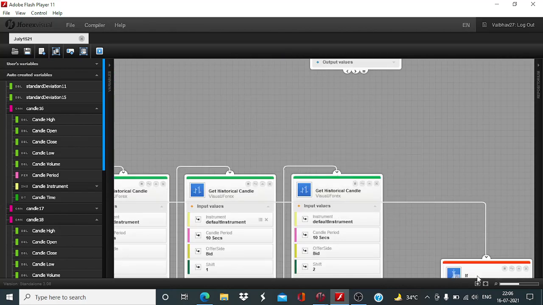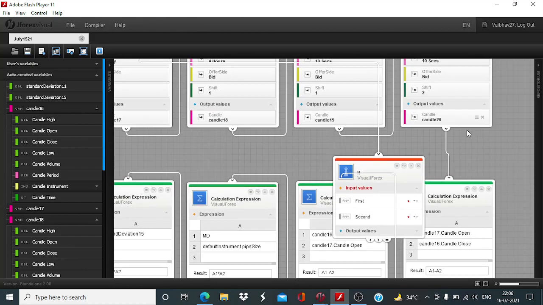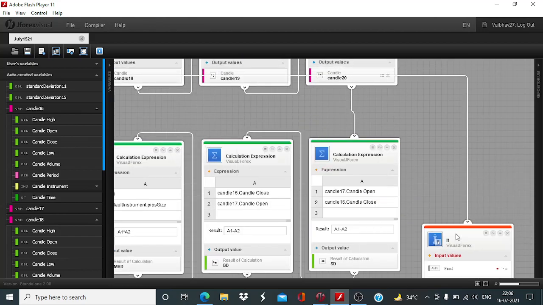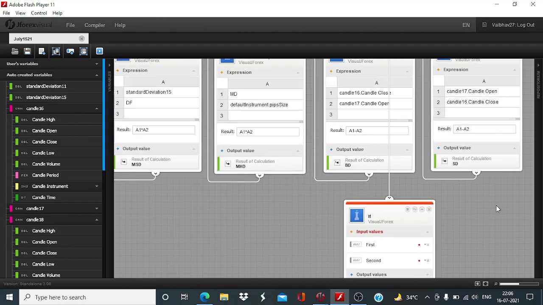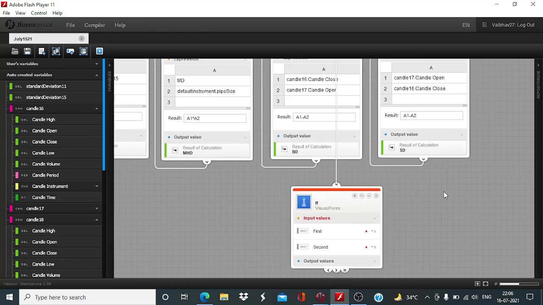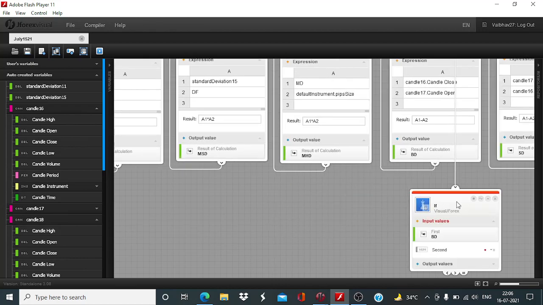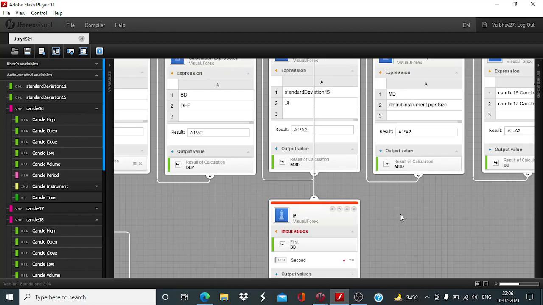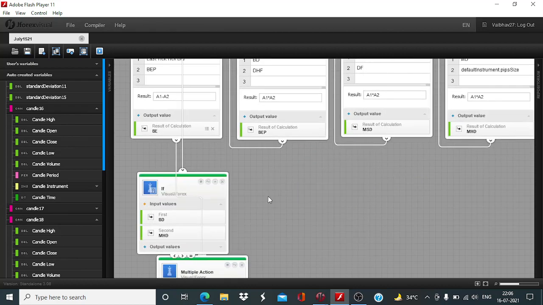And then we consider the difference between the last hourly candle close and the prior hour's candle open, by difference, and this difference should be more than 10 pips.